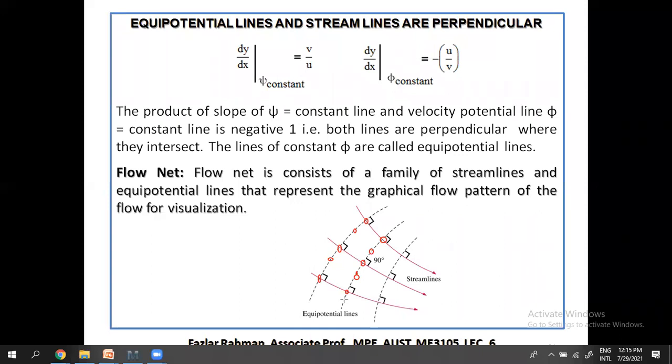So if you know the stream function psi and potential function phi, you can plot them. Then you will get a graph like a net, right? A fishing net. So that's why that graph is called a flow net.